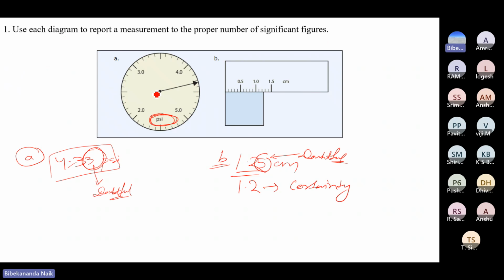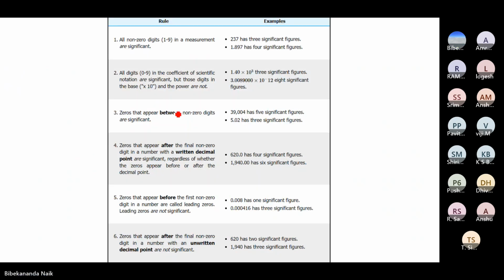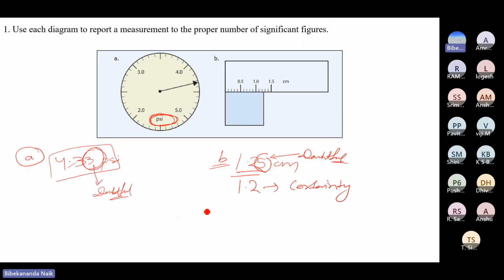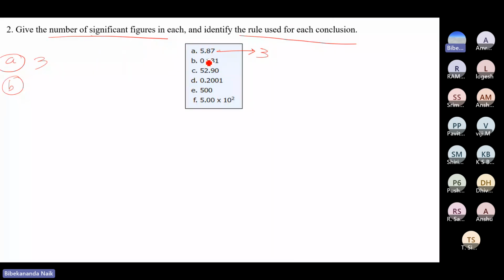The rule says zeros that appear before the first non-zero digit in a number are called leading zeros. Leading zeros are not significant. So in a decimal number, if there are leading zeros, these zeros are not significant. In case of B, it is 0.031, so only the 3 and 1 have significance. These 2 zeros have no significance. So the answer will be 2.